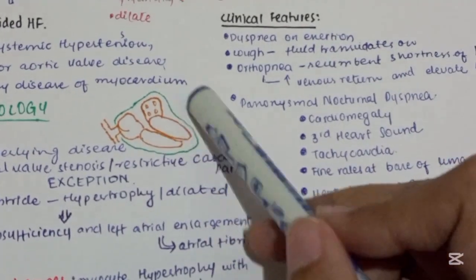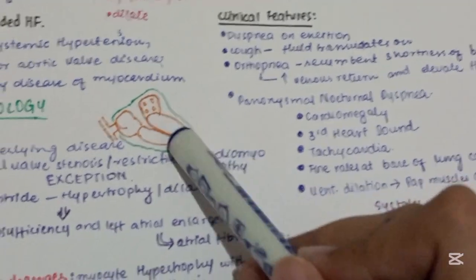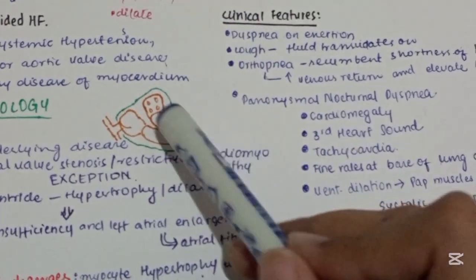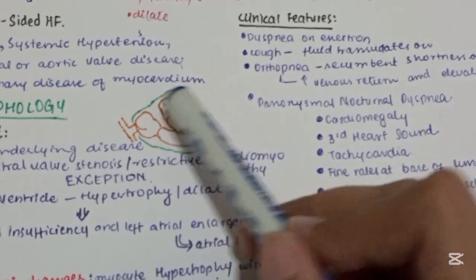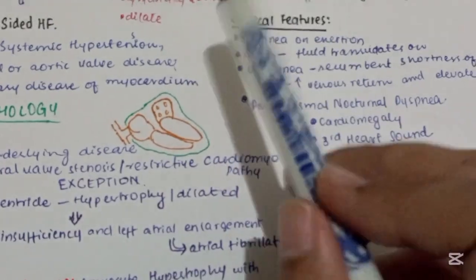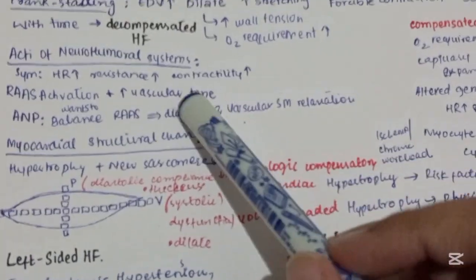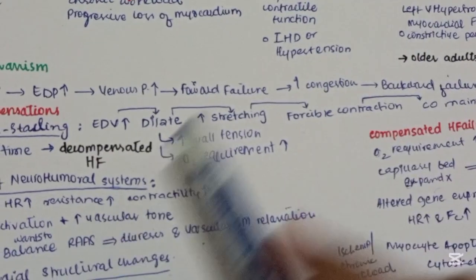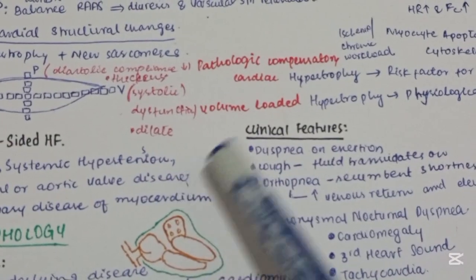Similarly, in case of left heart failure, there will be increased end diastolic volume, increased end diastolic pressure in the left ventricle, backup pressure, increased left atrial pressure, and then in the pulmonary veins also increased pressure occurs. So we will have backward failure, and there will be congestion in the venous system.